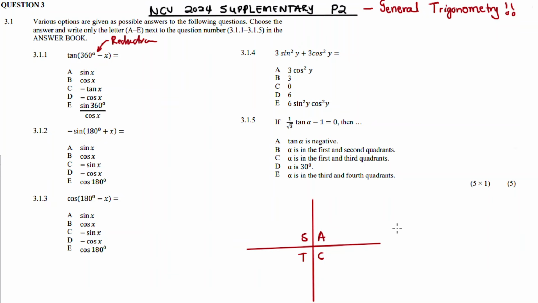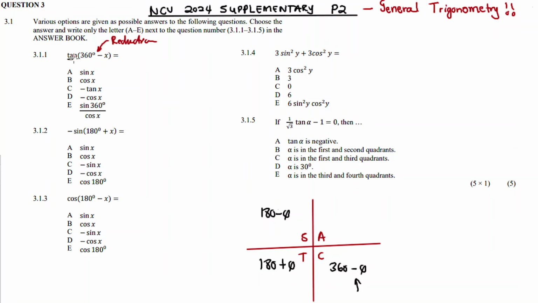How many reduction formulas do we have? I think it's 3. In the second quadrant, we have 180 minus theta, third 180 plus theta, and in the fourth quadrant we have 360 degrees minus theta. So here we have tan(360° − x). Where is this found? In the fourth quadrant.